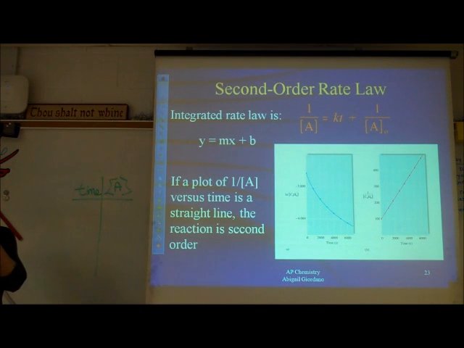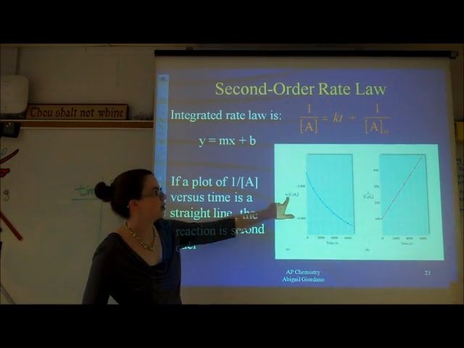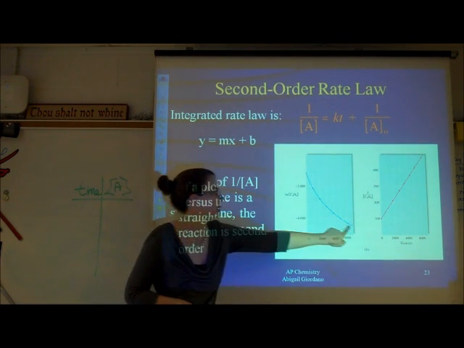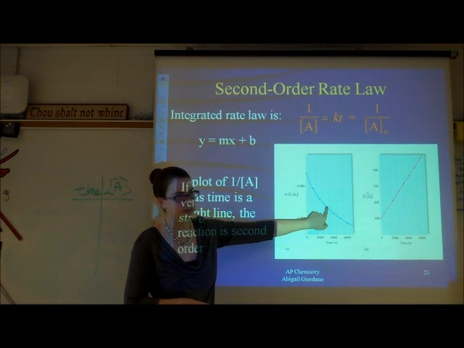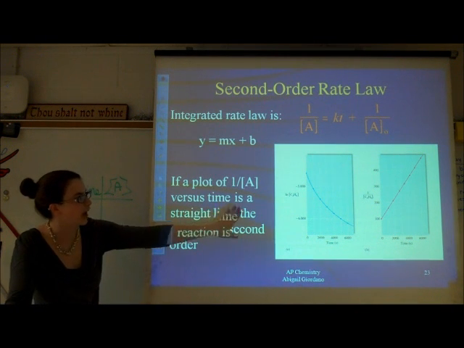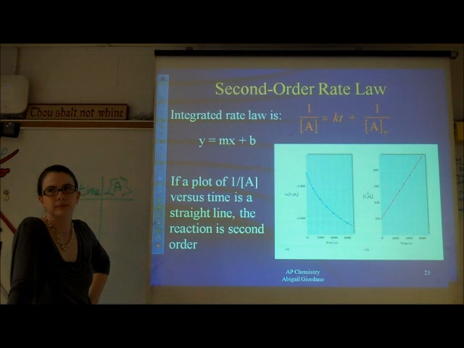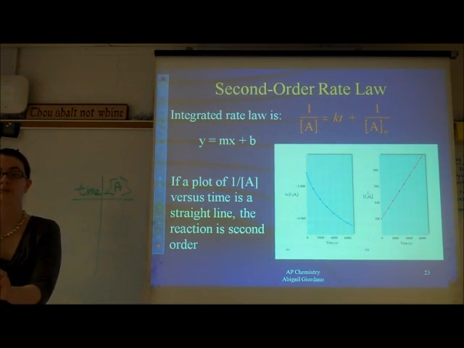Well, you think to yourself, okay, well I remember what the plot is for first order. Time is on the x. Natural log of the concentration is on the y. Does that look like a straight line to you? No. What does that mean to you? If that graph on the left is not straight, that means it's not first order.